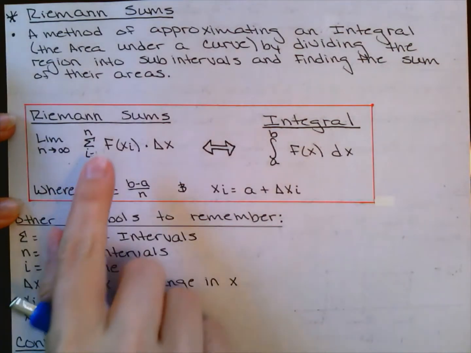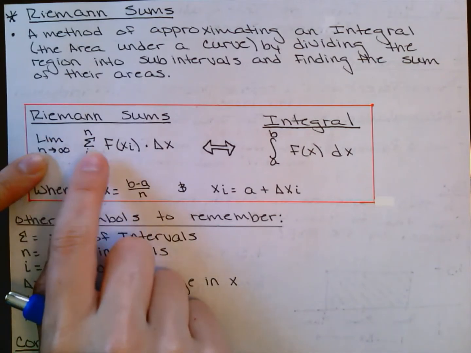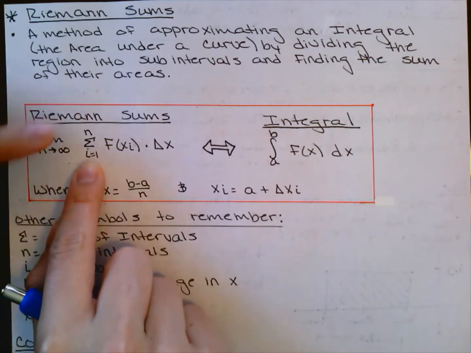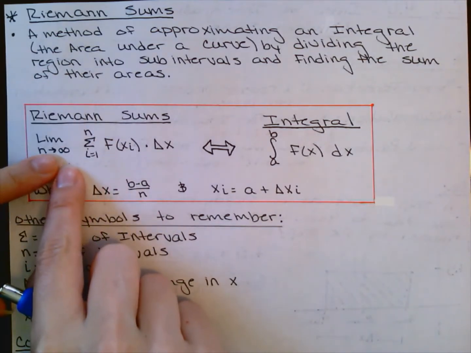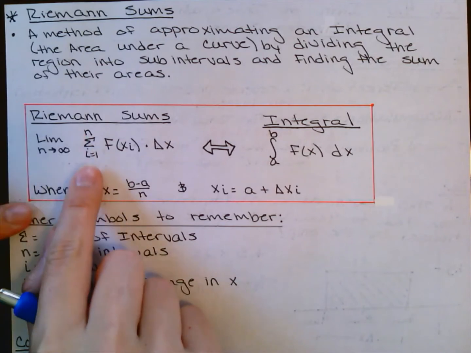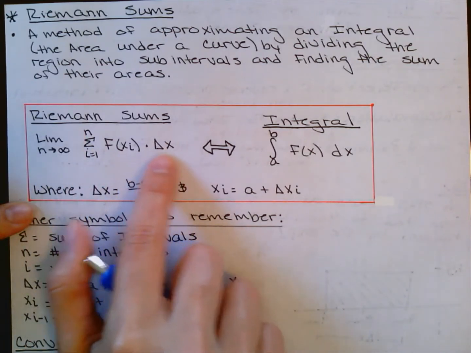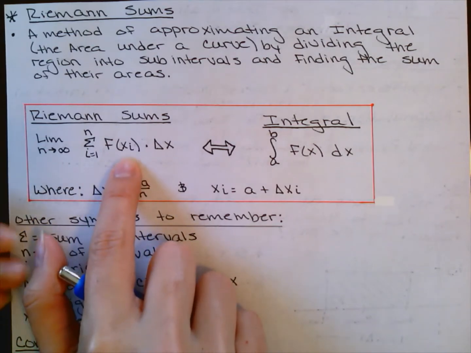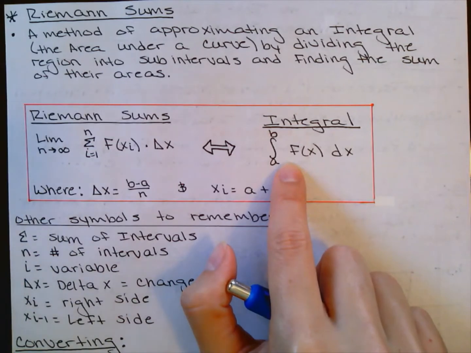Okay? So Riemann's sum says the limit as n approaches infinity, the sum of n intervals, so n amount of rectangles, we want to get as close as possible to an infinite amount of rectangles. And we're going to add, multiplying the base delta x times the height. Okay? Now, an integral is just a different notation.